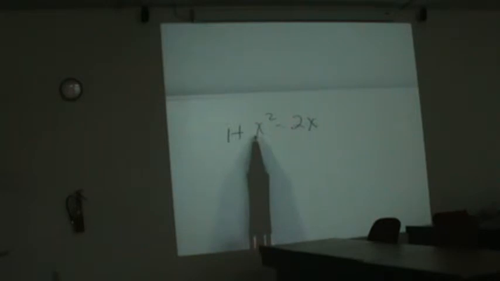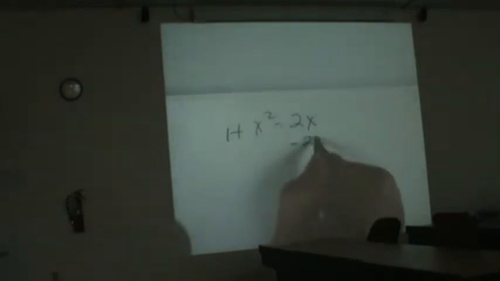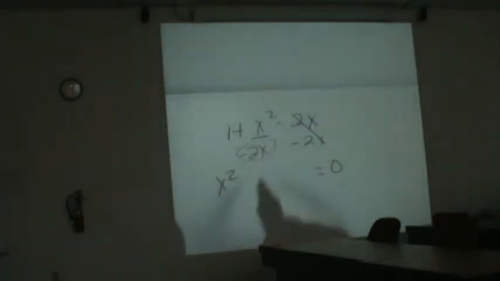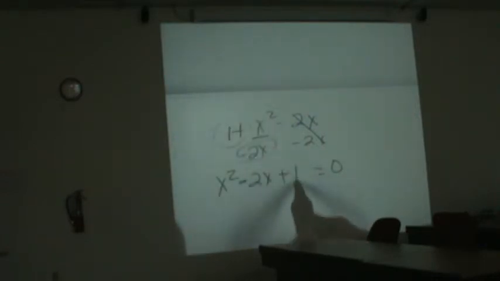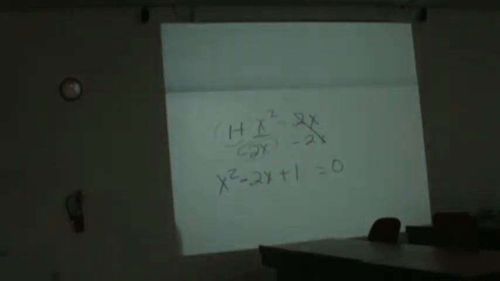So leave this side and subtract this to the other side. Okay, we're going to subtract 2x for both sides. So we'll have 0 over here. But we want these in order, like descending order. The x squared first, and then minus 2x, and then our positive 1. You want them in descending order so you can factor it.